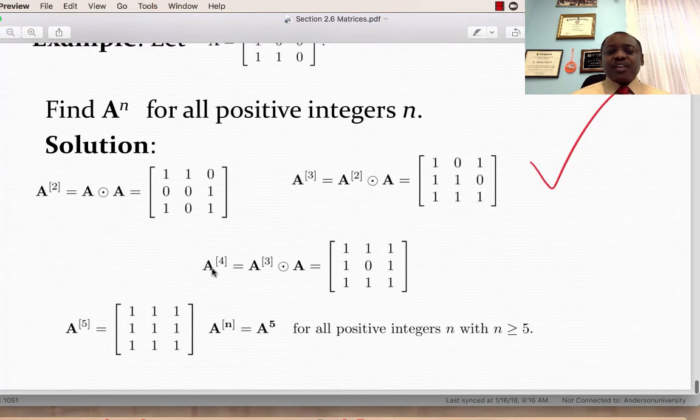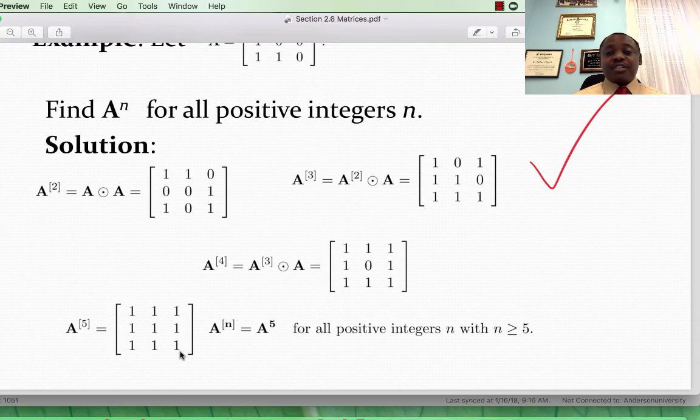We keep going. We go to the power 4 and we have this, and then we go to the power 5 and we end up with 1, 1, 1, 1, 1, 1. Guess what? A to the power 6 is going to be 1, 1, 1, 1, 1, 1. You can try that. A to the power 7, A to the power 8, A to the power 9, and so on and so forth.